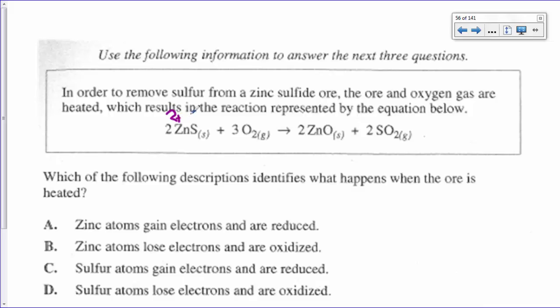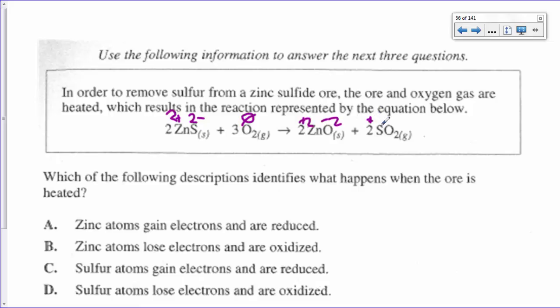Sulfur will be a 2- charge. Oxygen is in an elemental form right now, and being an atom, it should have no charge. Then zinc over here needs to be +2 again, so that this oxygen is a -2. This sulfur would have to be a plus charge.